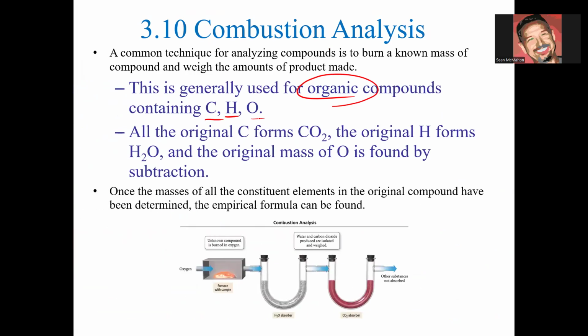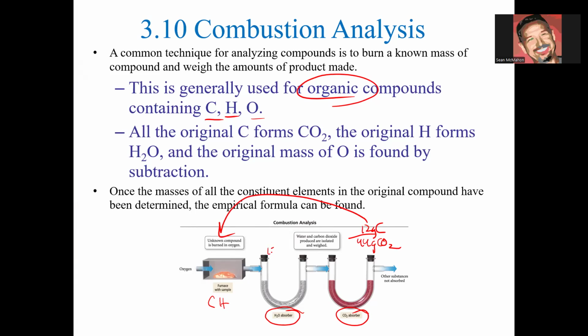So as I said with the empirical formula, molecular formula calculations, if I burn a fuel source that has carbon and hydrogen, or even oxygen, I could collect all that water, I collect all that CO2, weigh it out, and then I know per 44 grams of CO2, there's 12 grams of carbon, and that came from there.